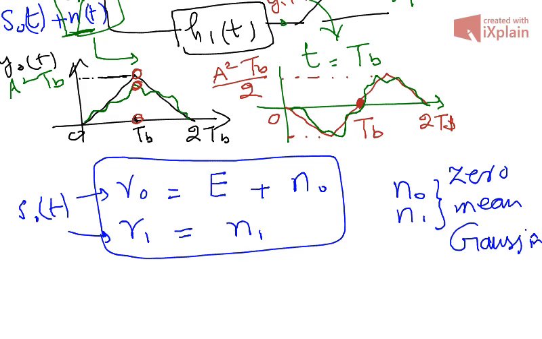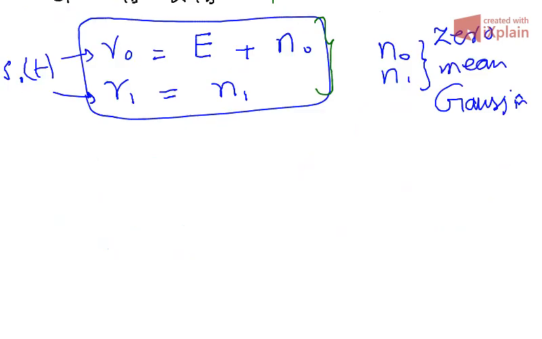It would decide with the help of these two values. As a matter of fact, we expect that R0 is greater than R1, because generally speaking, the energy of the signal is quite high.